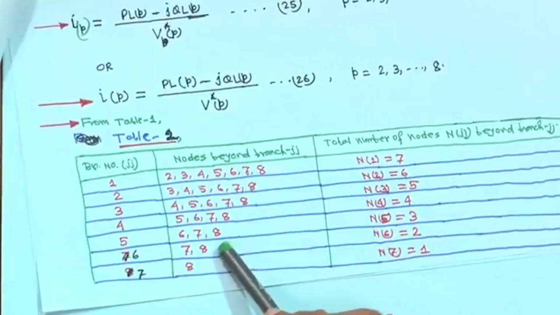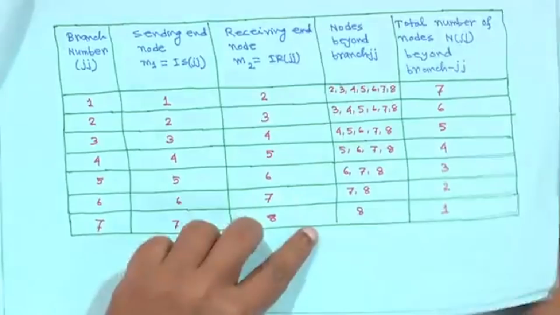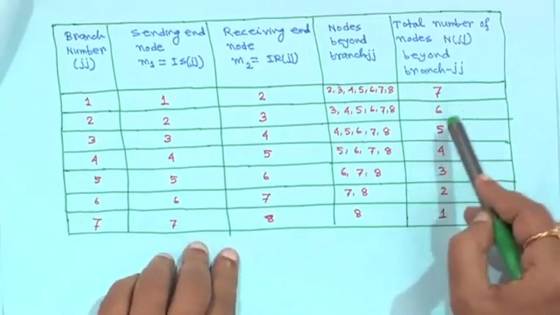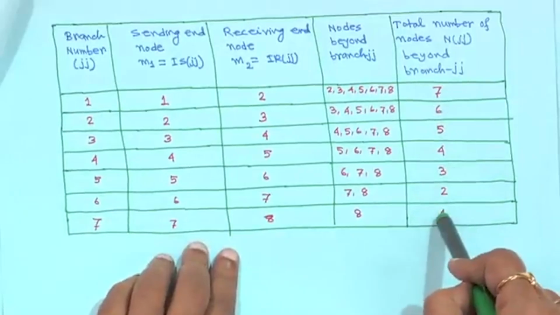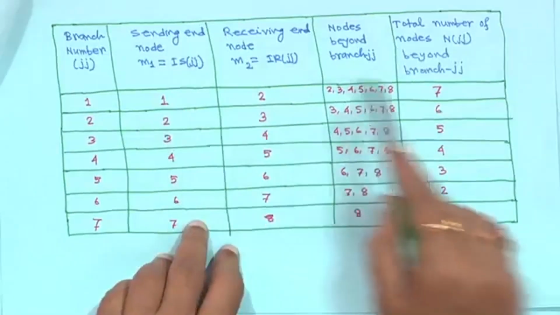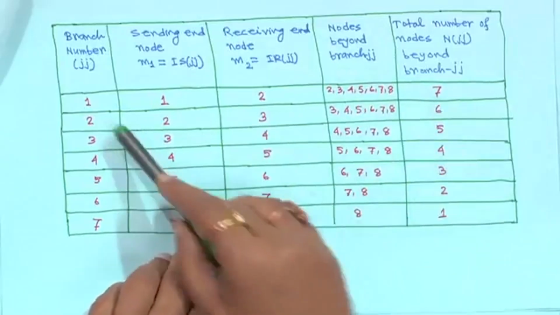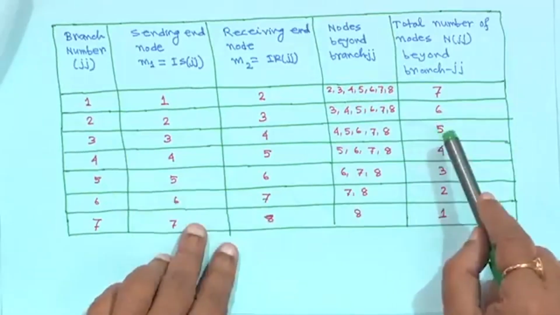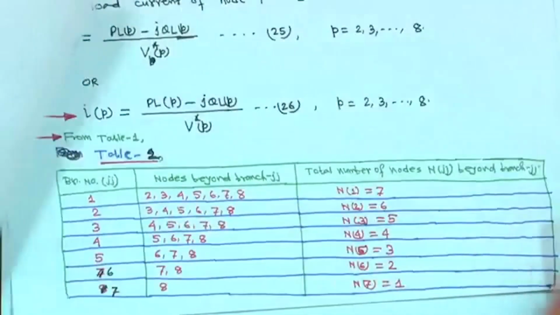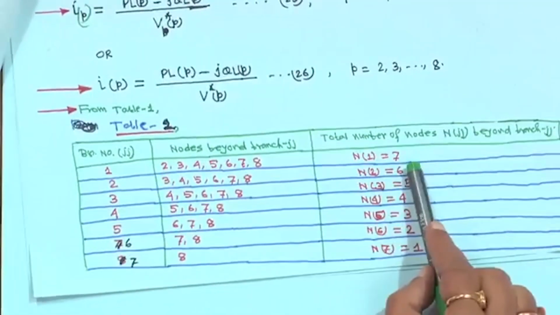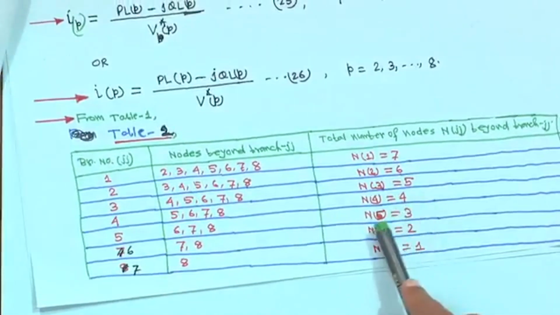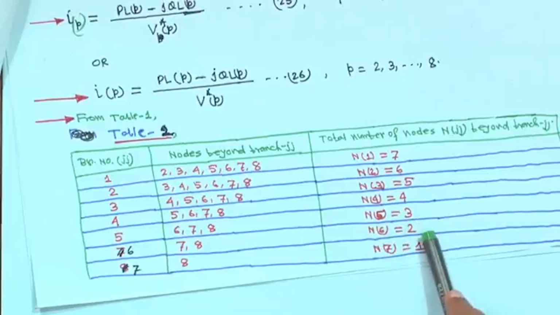So, these nodes are given, and the total number of nodes nJJ beyond branch JJ is given as 7, 6, 5, 4, 3, 2, 1 in this case. That means when JJ is equal to 1, n1 is equal to 7; when JJ is equal to 2, n2 is equal to 6; when JJ is equal to 3, n3 is 5; and so on. That is why I am writing n1 is equal to 7, n2 is equal to 6, n3 is equal to 5, n4 is equal to 4, n5 is equal to 3, n6 is equal to 2, and n7 is equal to 1.